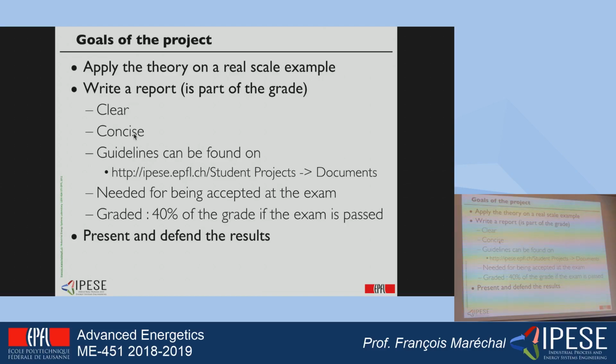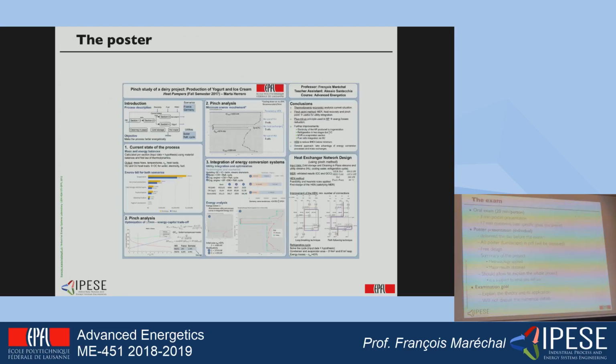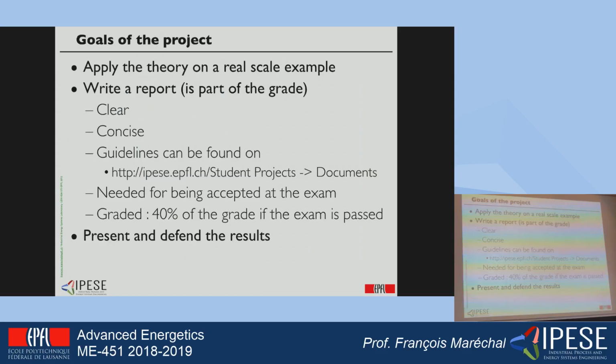Clear, concise, and going directly to the point, but allowing the person who is reading the report to understand what you have done. Okay, and be convinced. The guidelines can be found on our website. So just giving you some hints on how to write a report.